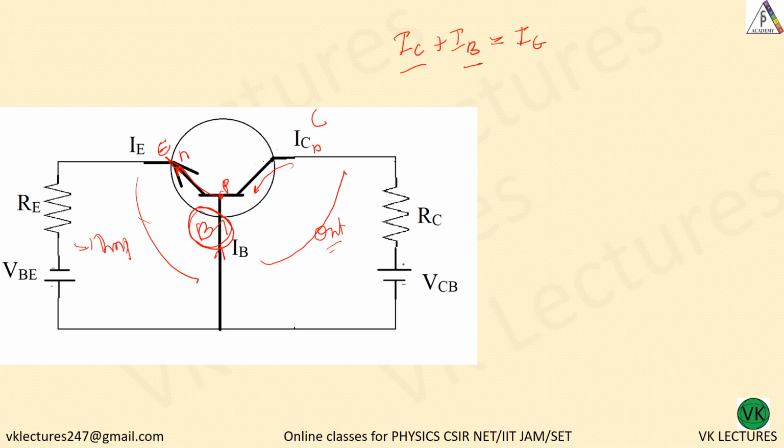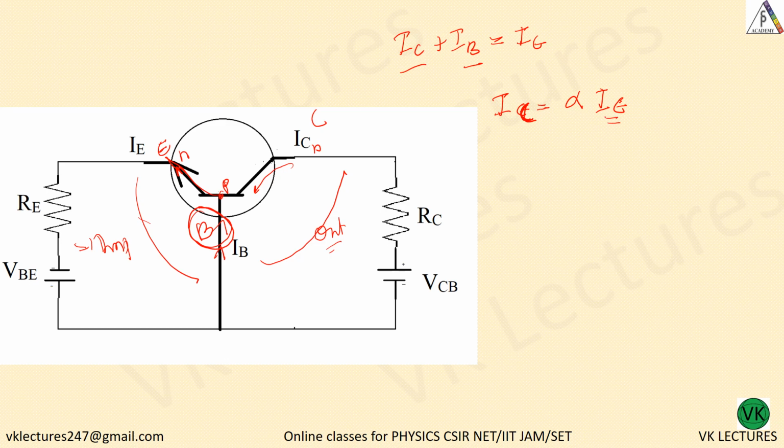Okay. Now you know that the maximum current IE, this IC value is equal to alpha times IE. Based on the current, whatever we are getting is alpha IE, in terms of IE.